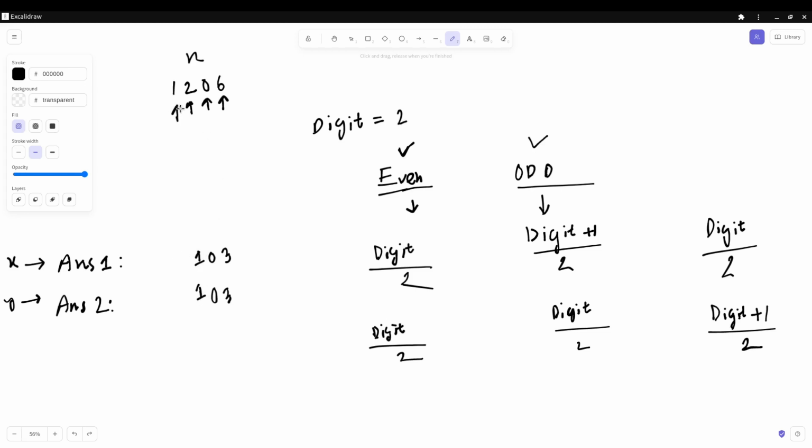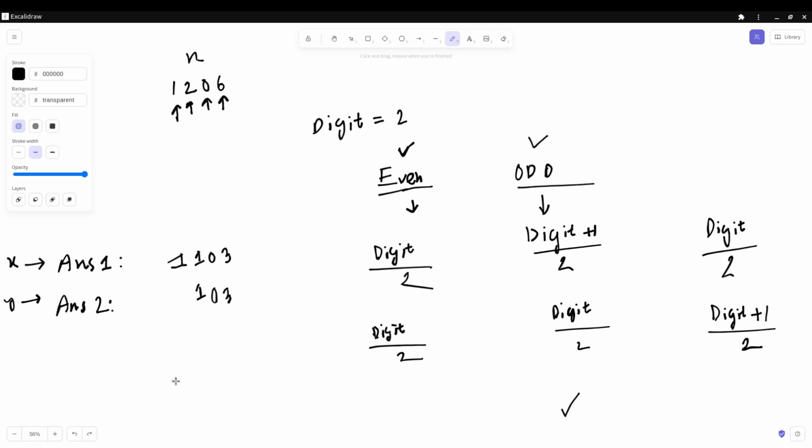Now the digit is 1, so it goes to the odd case, and we first choose the first formula, digit plus 1 divided by 2. That means 1 plus 1 divided by 2 is 1, and 1 by 2 means 0, so we give 0. In any number it is not necessary to give 0 first.